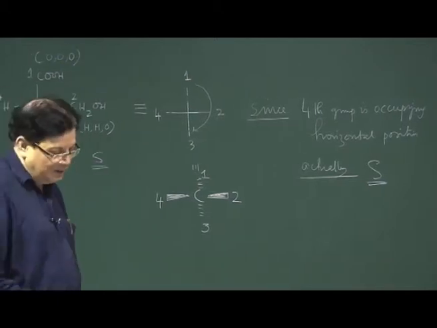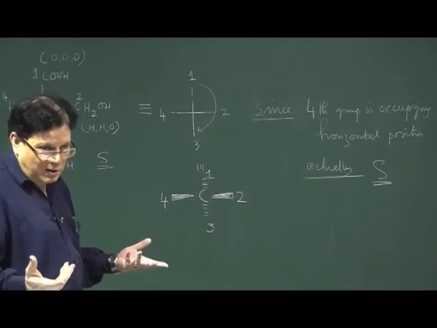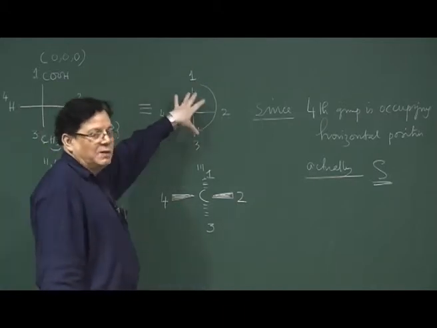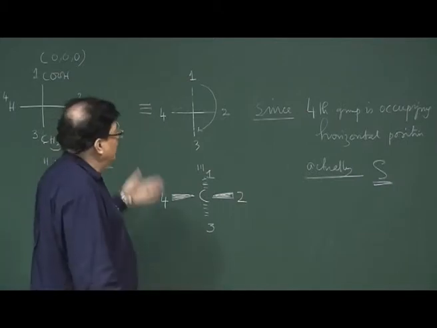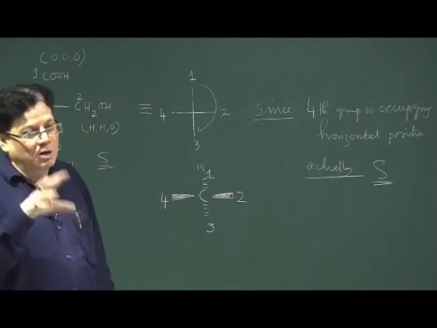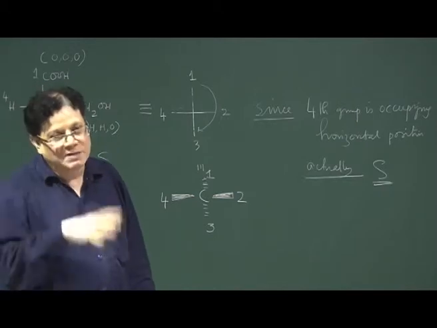Okay. So, it is up to you what you want to do. If you want to bring the fourth group to the vertical position, you do that, otherwise you can keep it in the horizontal position, but then remember, whatever you see with the horizontal position, you have to reverse the direction. Okay.